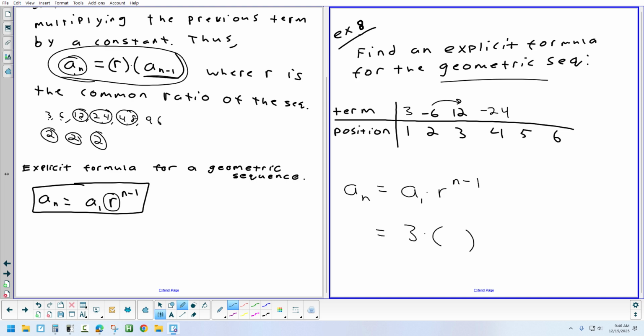And r is what you multiply by each time. Negative 2. You're multiplying by -2. And that's it. Okay, we can't simplify that. 3 times -2 to the n minus 1. Don't put like -6 to the n minus 1. That doesn't work. You have to just leave it as 3 times -2 to the n minus 1.